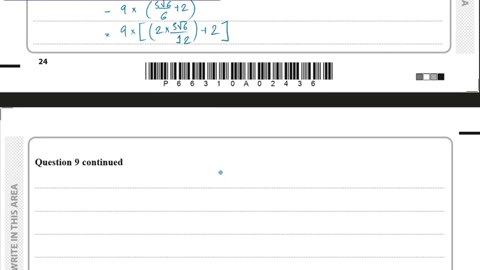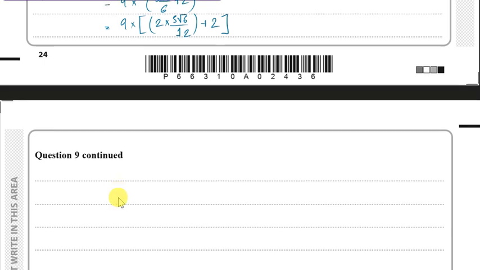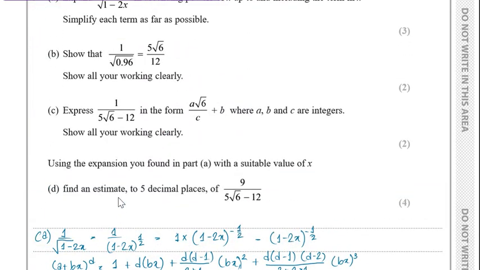So we already know 5 root 6 by 12 is equal to 1 by root over 0.96. So this would be 9 multiplied by 2 is equal to 1 by 0.96. We know this from part B, plus 2.